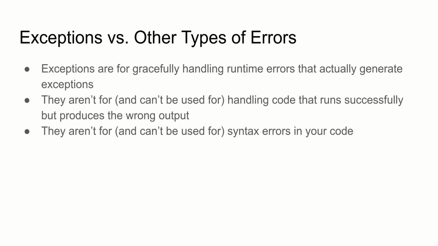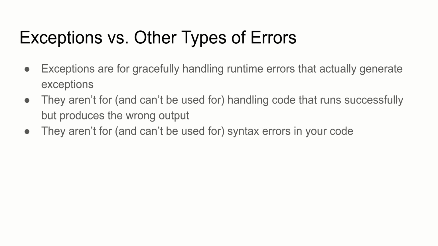One last note is that exceptions are one type of tool for handling one category of errors. These are runtime errors, meaning errors that happen as your program is running and that actually generate exceptions. Exceptions are not for handling syntax errors in your code, like you forgot to type a colon at the end of your if statement's line, or things like that.